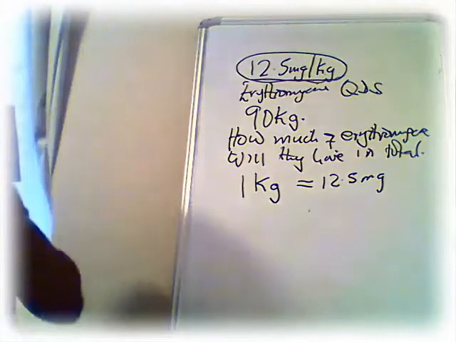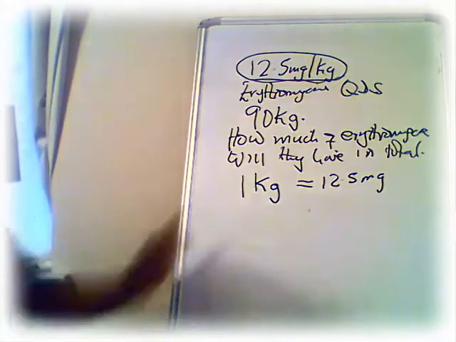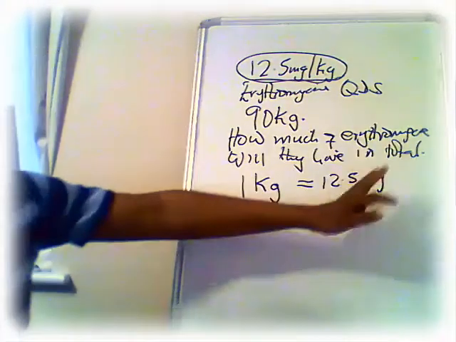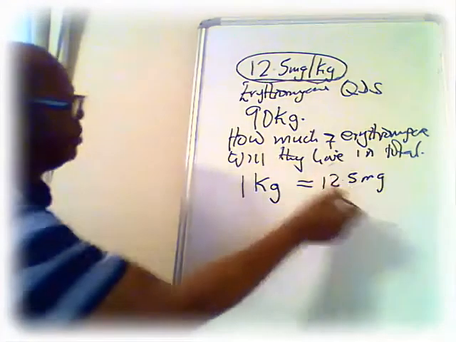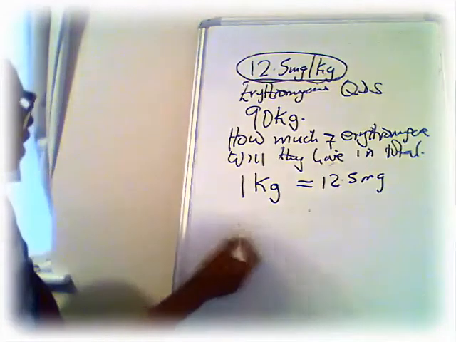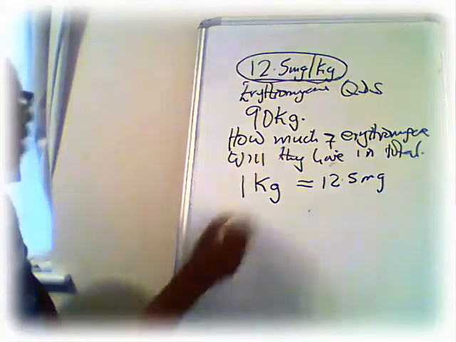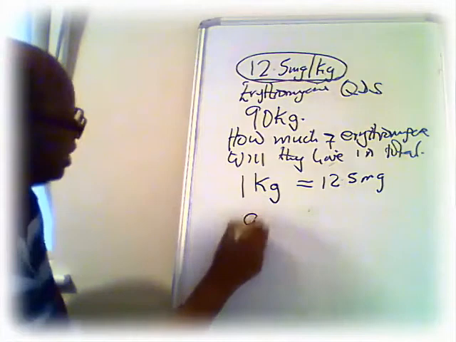Okay, so that's your first part. So if it was 2 kilograms, you can see you need twice of this, so we will multiply this by 2. If he had 3 kilograms, then we would multiply this by 3. Now this patient is 90 kilograms.